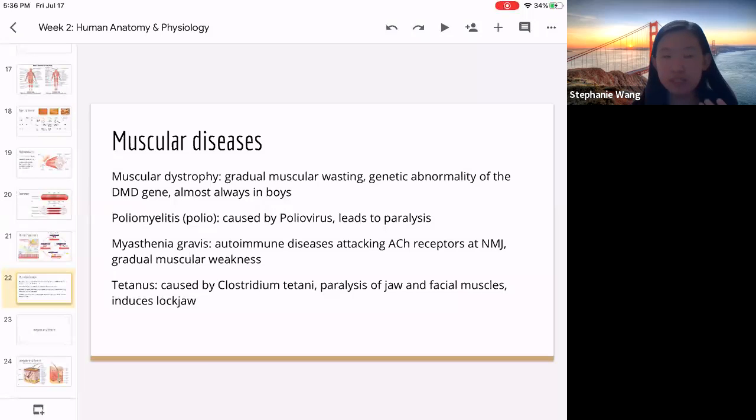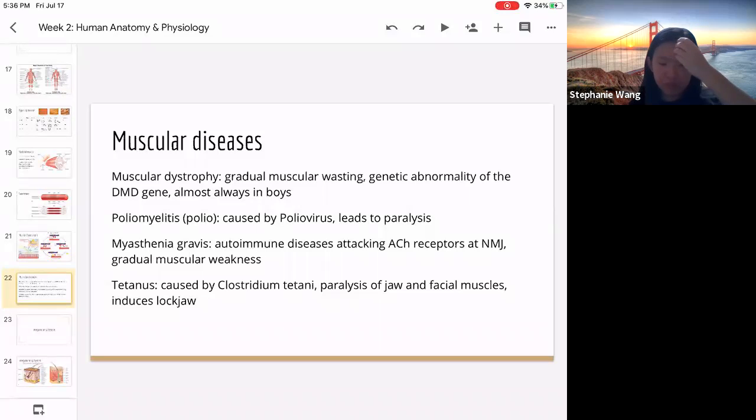Dystrophin helps link the actin and myosin to the sarcomeres. Whenever your gene for dystrophin is mutated, dystrophin cannot do its job. The structure is really weird and it can't do its job, so there's not good cohesion with the muscle. That's why your muscle begins to deteriorate.